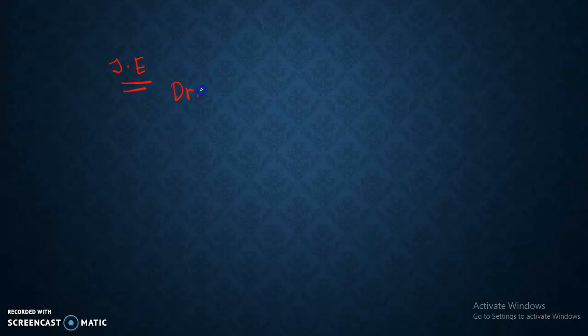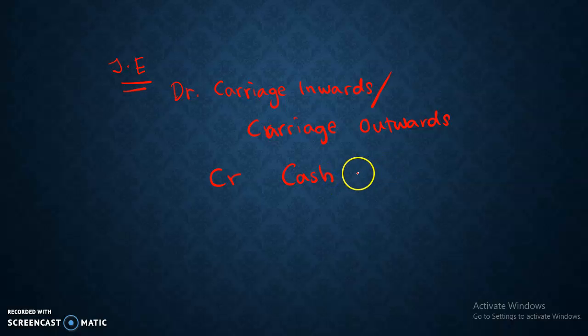You will need to debit either the carriage inwards account or the carriage outwards account, and credit the mode of payment. You might pay by cash, so credit your cash account, or if you pay by cheque, then you will need to credit your bank account.